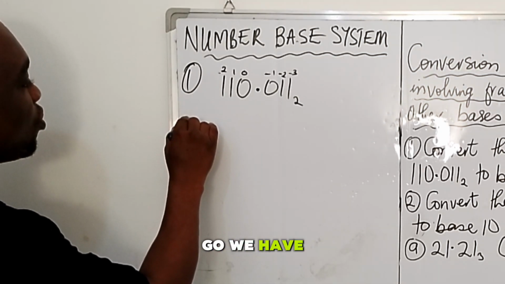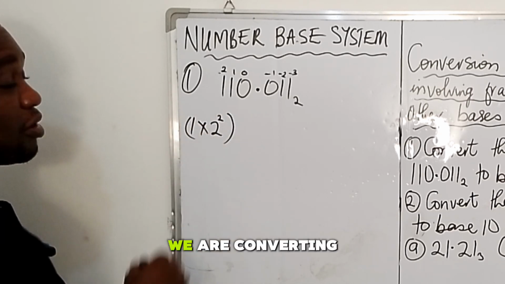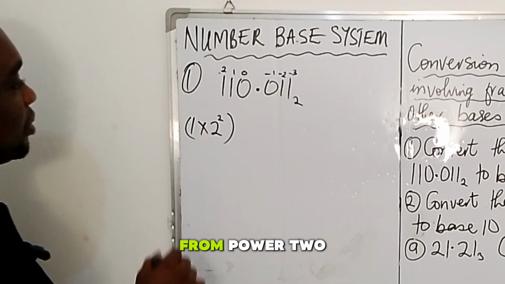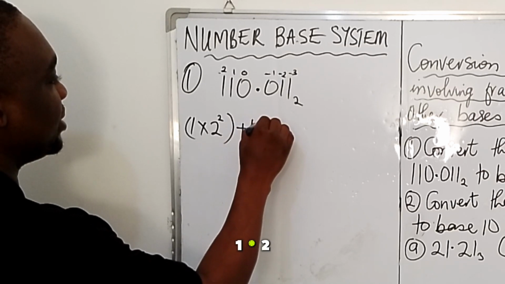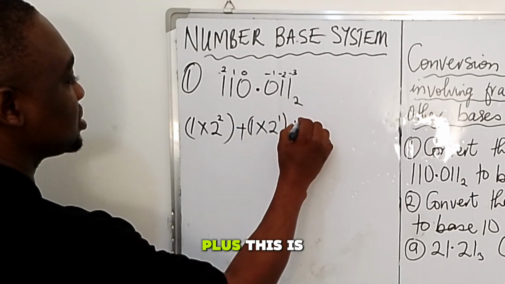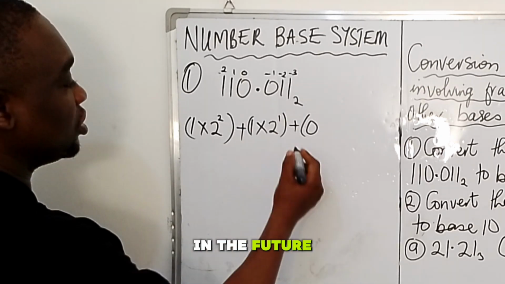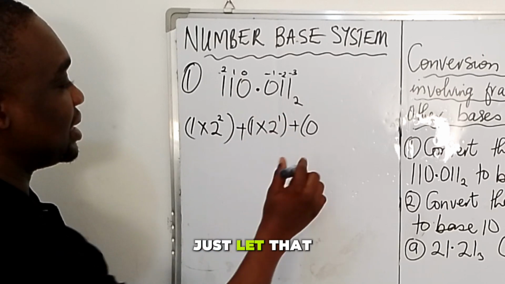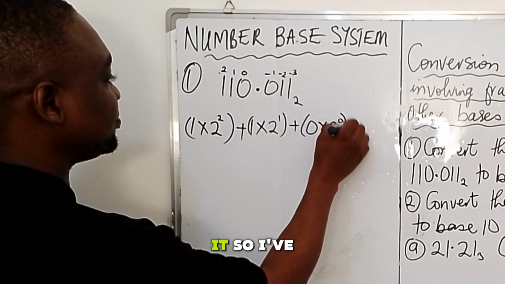We have 1 times 2 to power 2. We are converting to base 10 from power 2, plus 1 times 2 to power 1, plus, this is a 0, definitely. I told you that in the future, once you see a 0, just let that particular expression go. But for learning, let us take it.